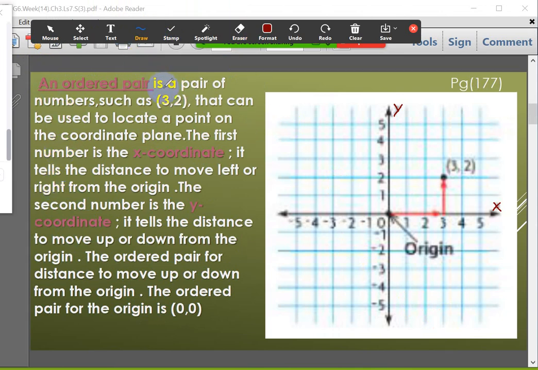Let's read this. An ordered pair is a pair of numbers. A pair of numbers means two numbers, such as, look, 3, 2. Don't talk to your friend privately.